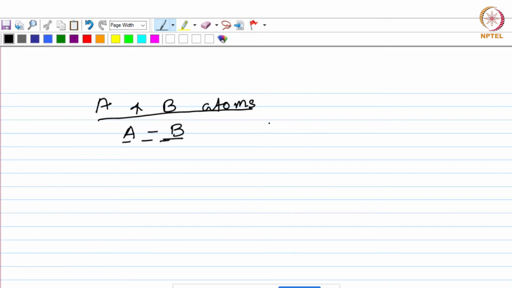And then similar atoms also may tend to have an arrangement in which there will be similar atoms around each of the atoms. So that will be a BB kind of arrangement.